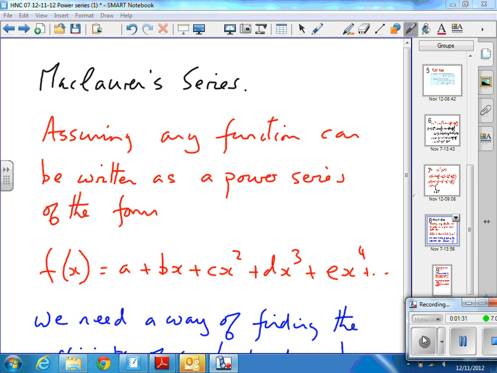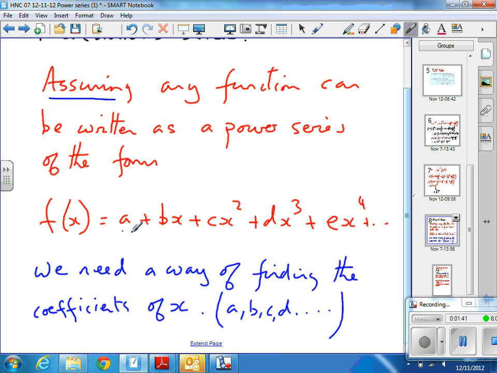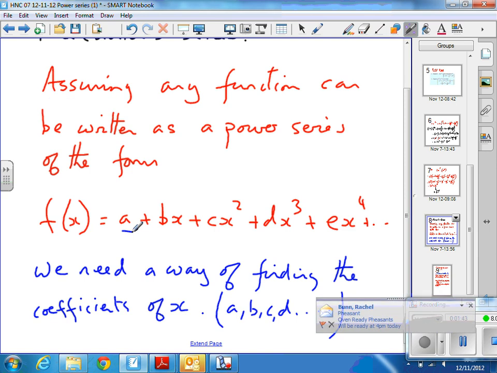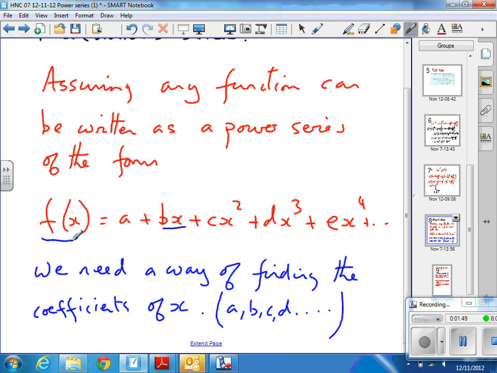Okay, this Maclaurin series makes an assumption. It assumes that any function can be written as a power series of the form: it's got some constant, a, and some term involving x. This assumes it's a function where x is the variable, of course, so this would be true for whatever letter we put in here.